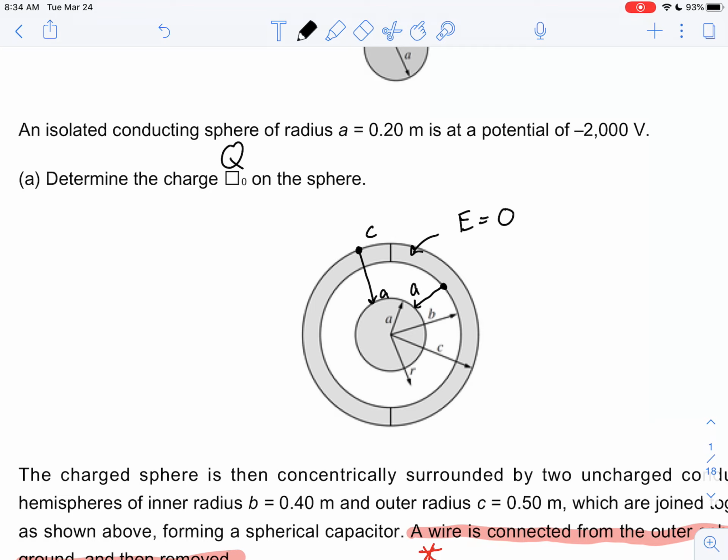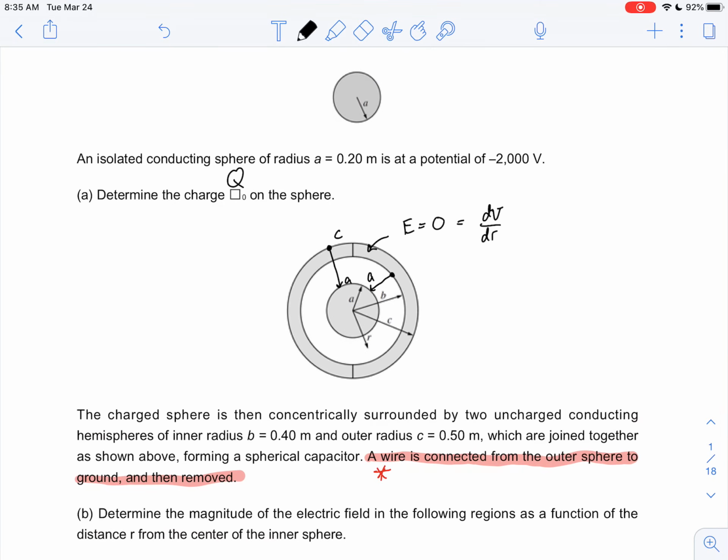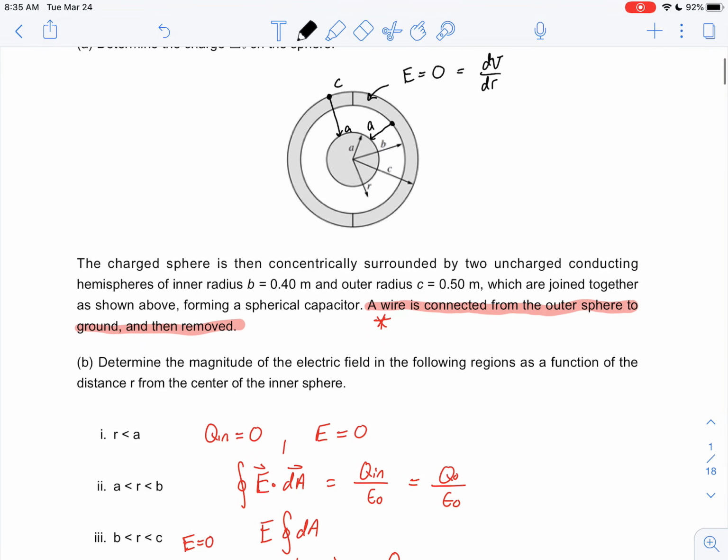E is equal to 0, and the magnitude of it is the derivative of potential with respect to R. Therefore, the potential cannot change as you go from C to B. So it doesn't matter what you pick for your limits here.